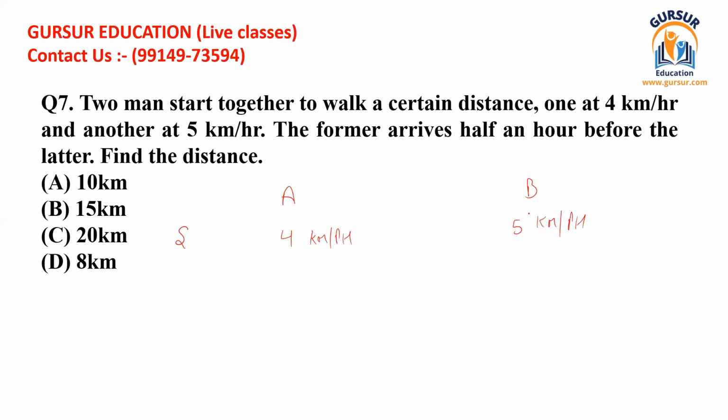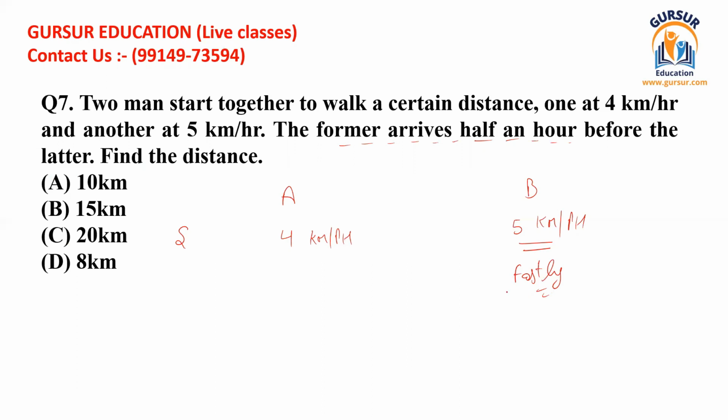It has been said that the former arrives half an hour before the latter. So you obviously know that this man has the higher speed. That means he shall arrive faster, and he shall take less time.